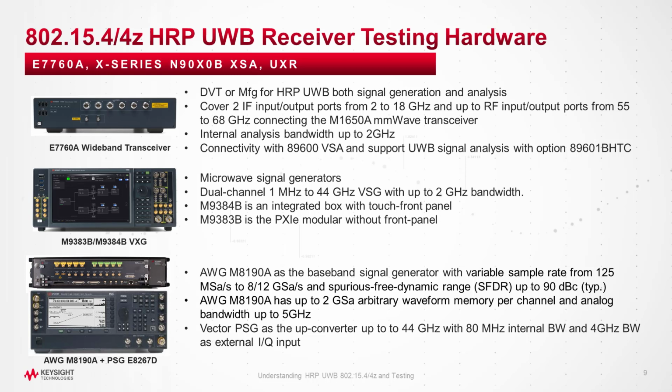Furthermore, Keysight also has benchtop signal generators like M9384B VXG or M9190A plus E8267D PSG. They can also generate HRP UWB signals and are recommended for R&D customers.